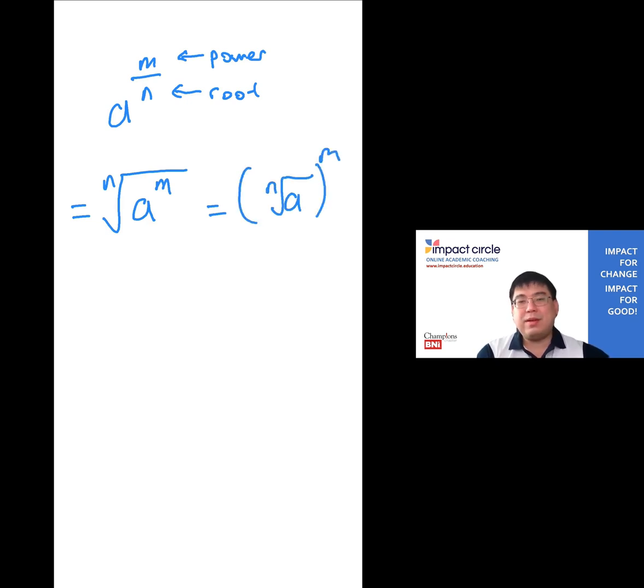Either way is fine. Okay, but normally what I recommend is you take the root first. Why is this so? Because it's easier to make the number smaller rather than bigger.